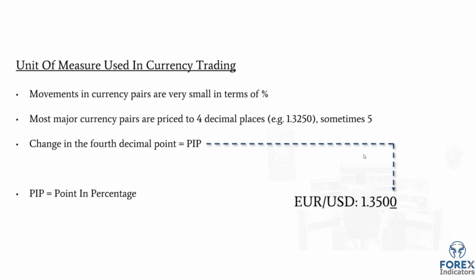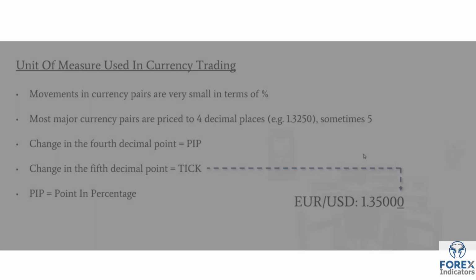So when you talk about a bullish move in a currency, you talk about the pair moving up 40 pips or the pair moving down 50 pips. Let's have a look at a visual example of this. Let's say, for example, the euro-US dollar is trading at 1.3500 and it moves up to 1.3505.